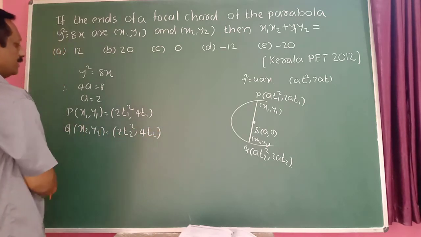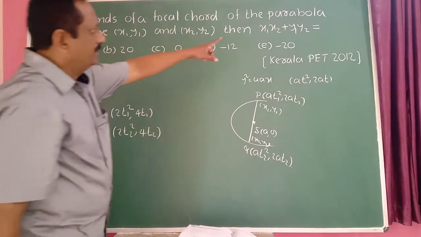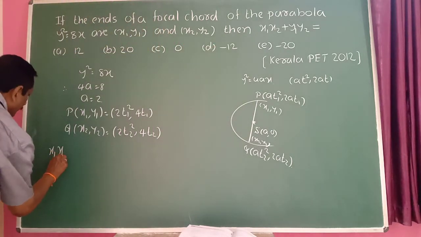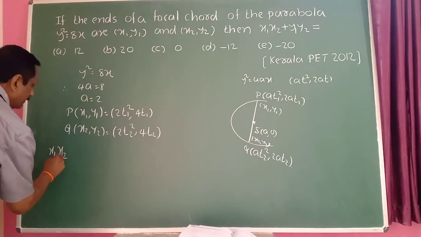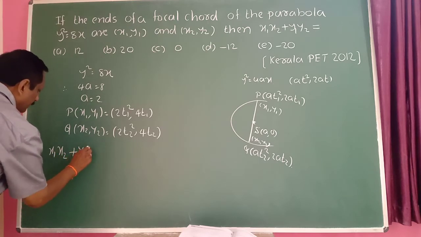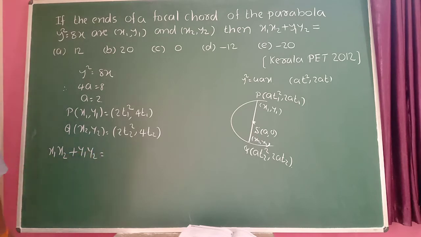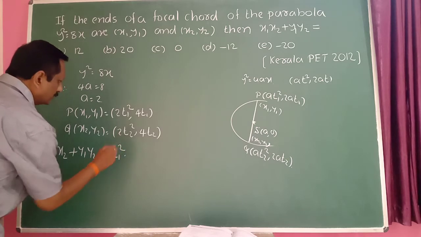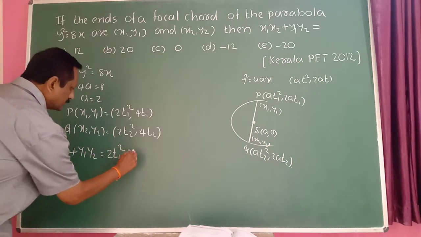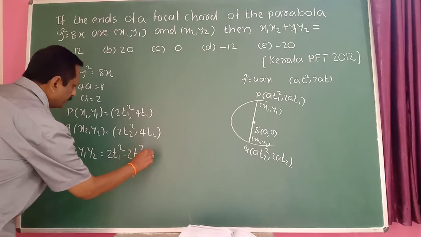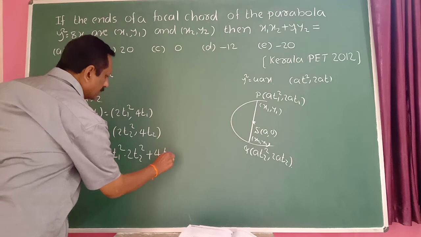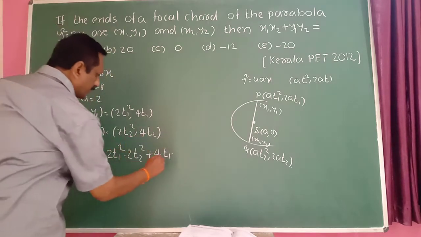Therefore we want the value of x1 x2 plus y1 y2. x1 is 2 t1 squared, multiplied by x2, which is 2 t2 squared, plus y1, which is 4 t1, multiplied by y2, which is 4 t2.